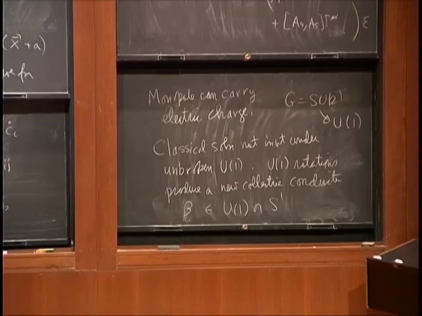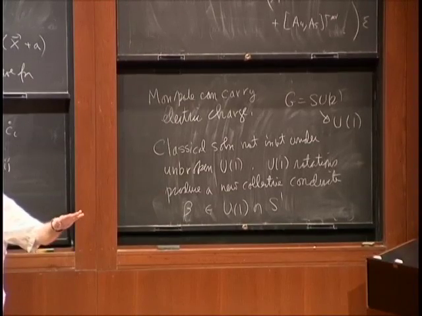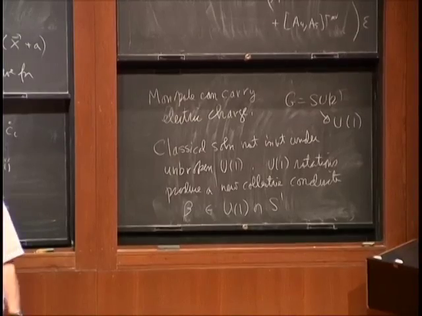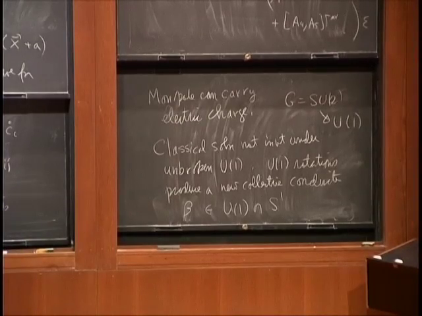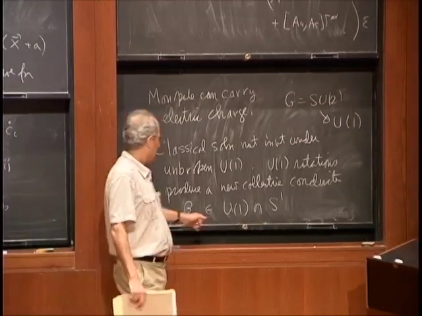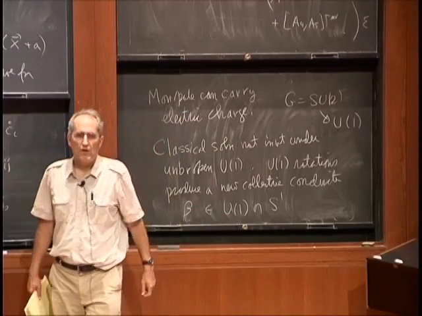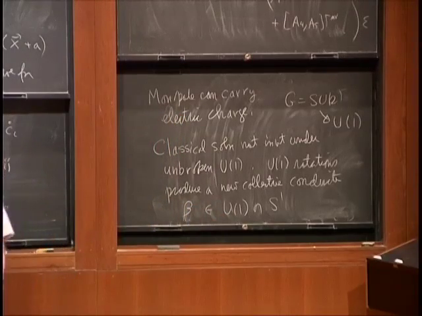So when you solve for that solution, it's obvious that it has 3 bosonic zero modes from spatial translations. It's not too hard to see that it's got one more collective coordinate from the possibility of making a gauge transformation in the unbroken U1 symmetry.